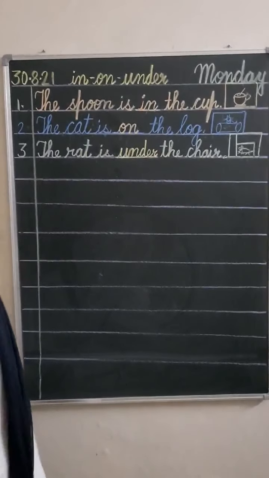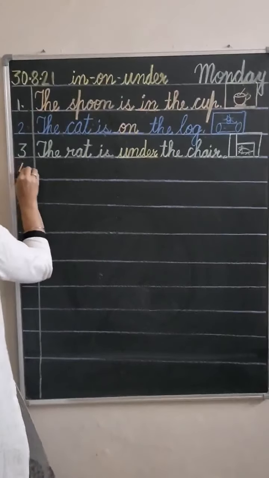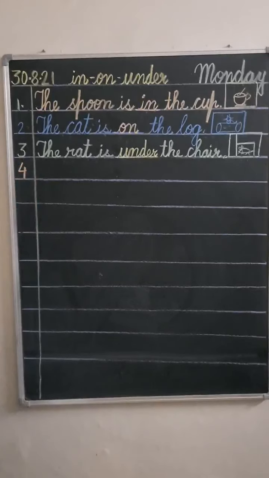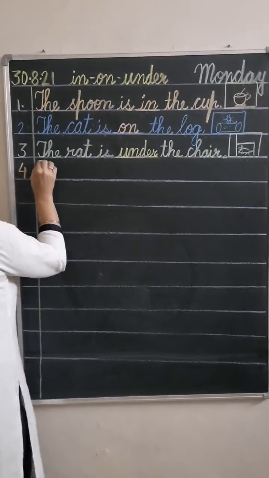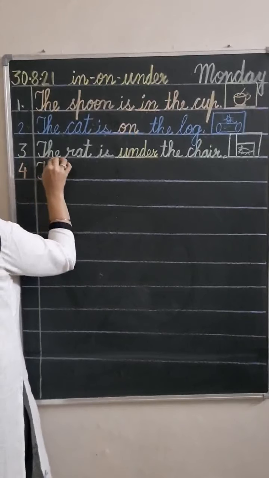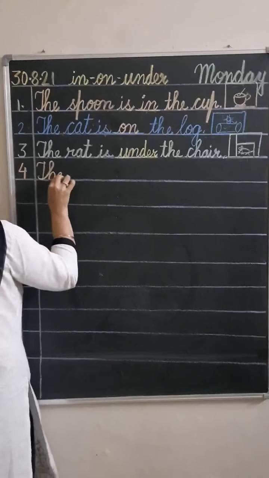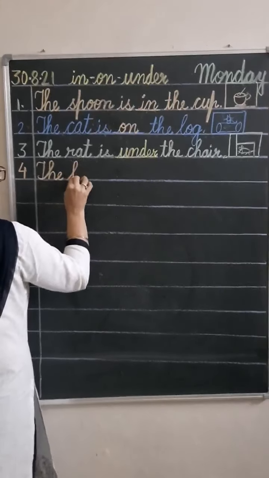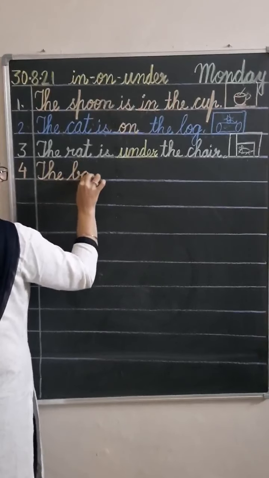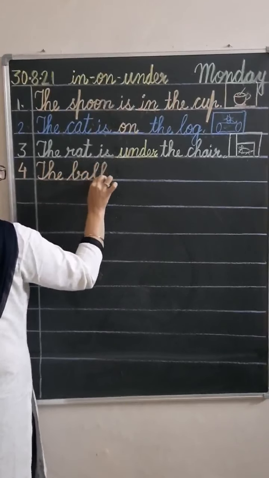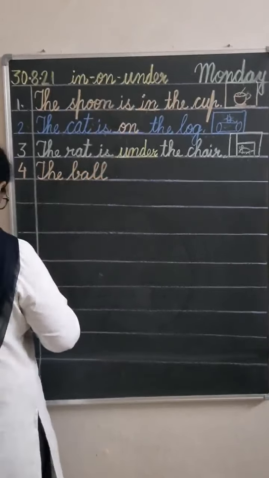Okay, beta. Next is number 4: The ball, capital T, small h, small e. The ball, BALL, ball, is.